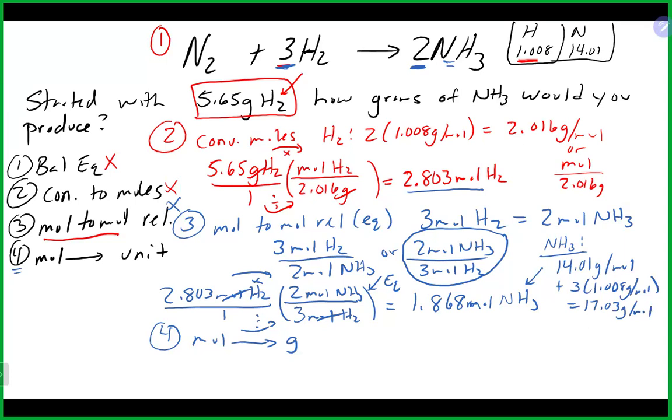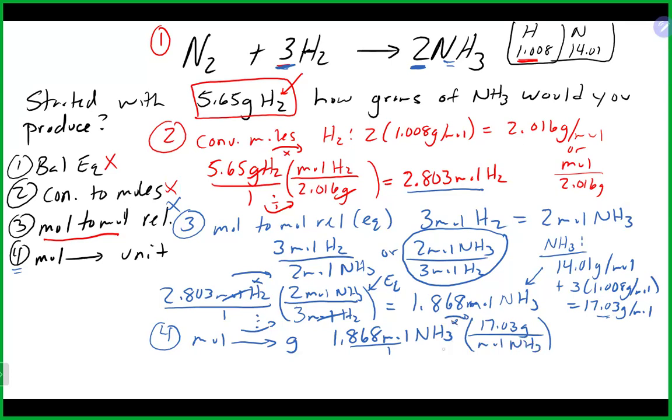So the last thing we're going to do is take the number we had above, 1.868 moles of NH3. We actually are going to use it just like it's written, grams up on top, so they cancel. So 17.03 grams per mole of NH3.